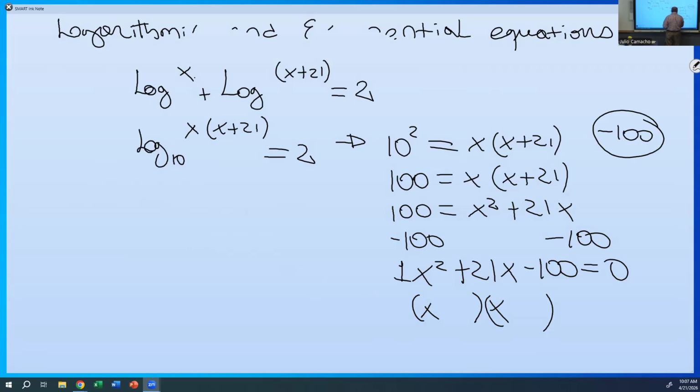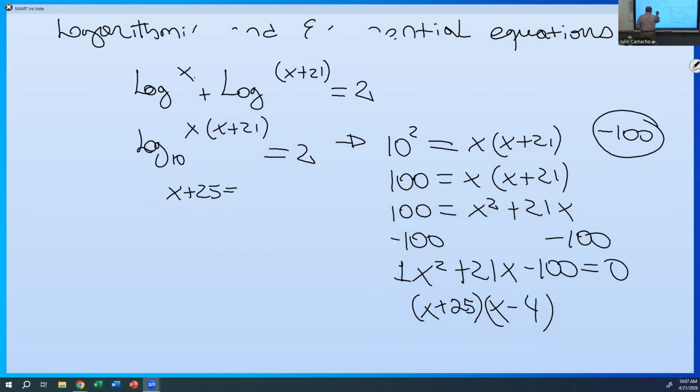I'll put the numbers here, 25 and 4. Which one has to be positive and which has to be negative to get a positive 21? Positive 25, negative 4. Exactly. Because remember, the answer will always carry the sign of the biggest number. So we have two answers for this question. Answer number 1 is x plus 25.